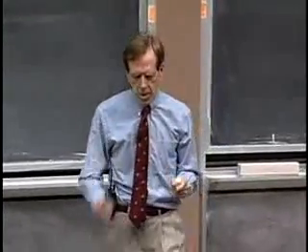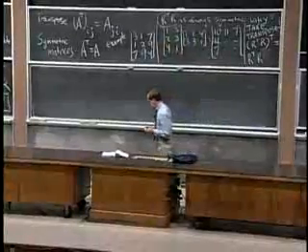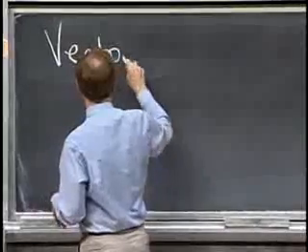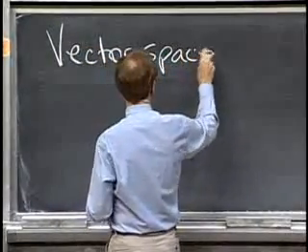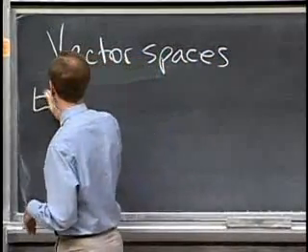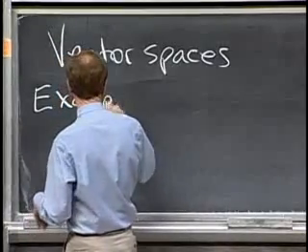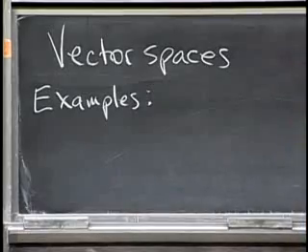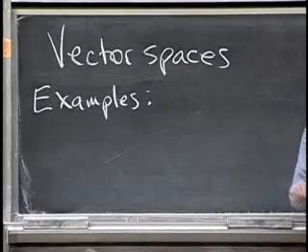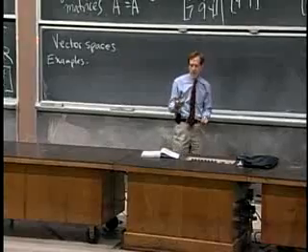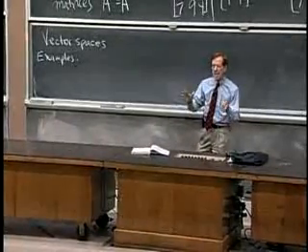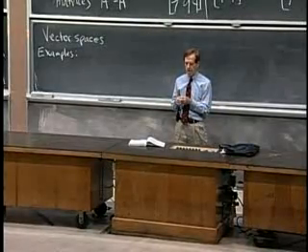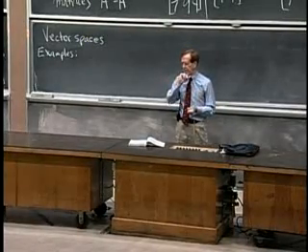Okay, so let me start with examples. So I'm talking now about vector spaces. And I'm going to start with examples. Let me say again what this word space is meaning. When I say that word space, that means to me that I've got a bunch of vectors, a space of vectors, but not just any bunch of vectors.